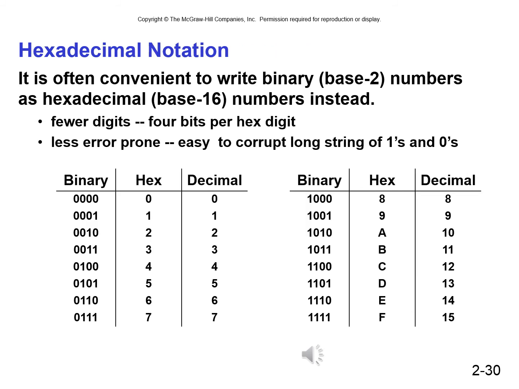Next, we have the hexadecimal notation or hexadecimal numbering system. This is a base 16 numbering system. So if you recall, I said base 2 or binary is easier to learn and to manage because you only have 2 digits, 0 and 1, versus the numbering system that most of us grew up learning, the decimal system where you have 10 digits, 0 through 9.